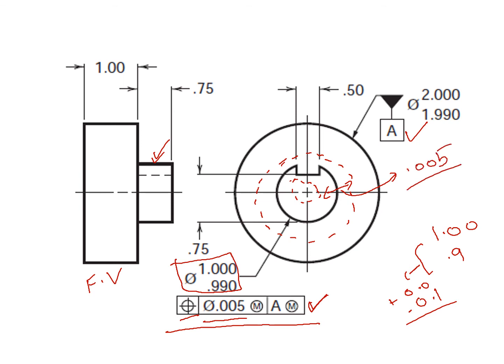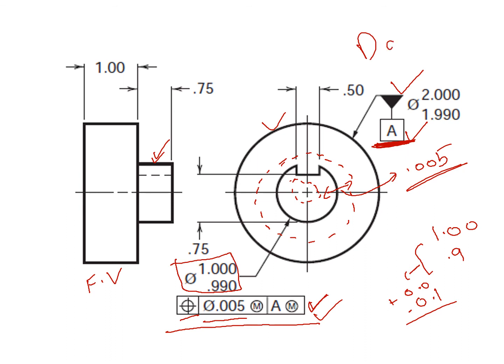So this circular feature must lie within this envelope. So this is what this feature control frame is telling us, and it must lie within this envelope relative to this feature right here, relative to this outer circular feature, which is the datum surface.